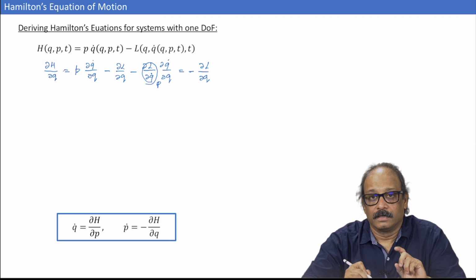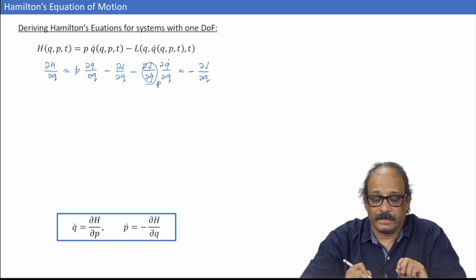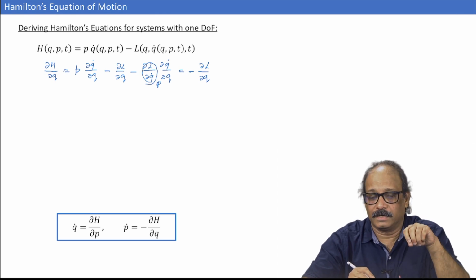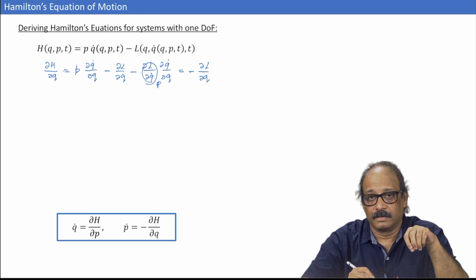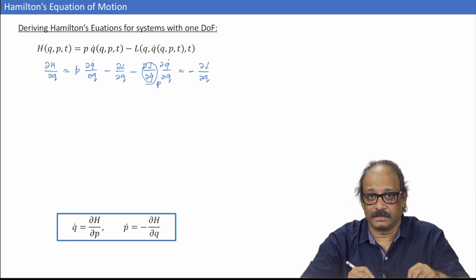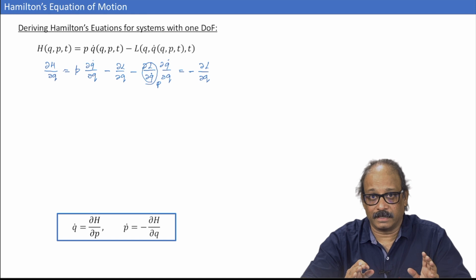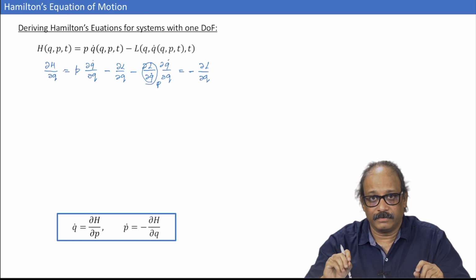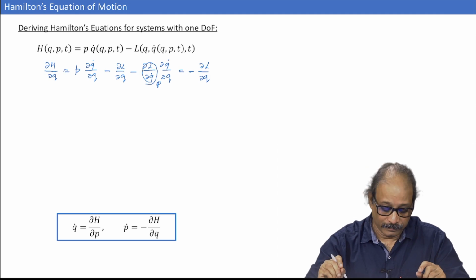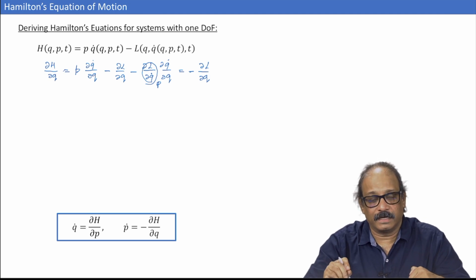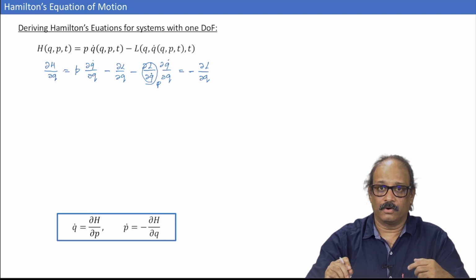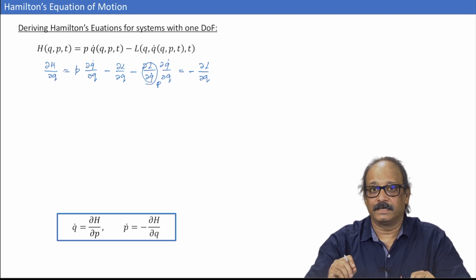Okay. Remember this, that in this particular case, the partial derivative of L and the partial derivative of H are two different things. They mean different things on either side. When you are taking the partial derivative of L with respect to q, you are holding q dot and t fixed, whereas on the left hand side, when you are taking the partial derivative of H with respect to q, you are holding p and t constant.